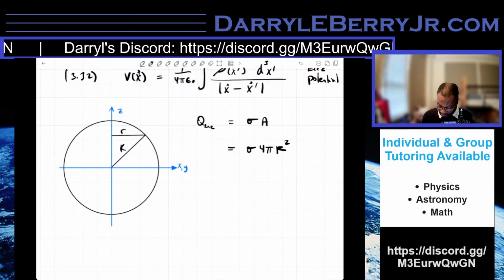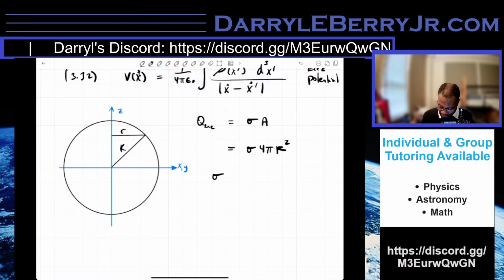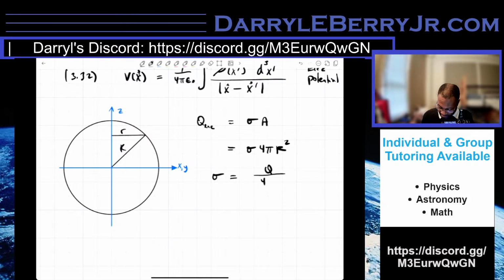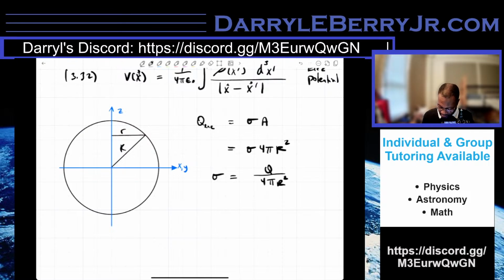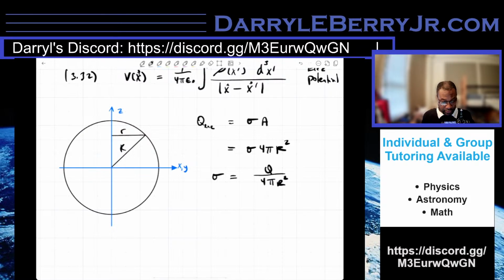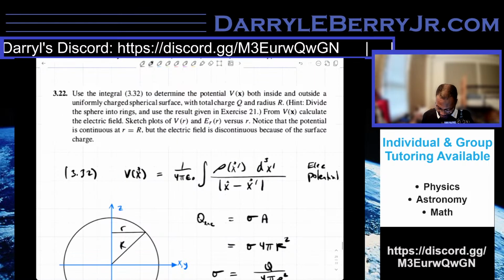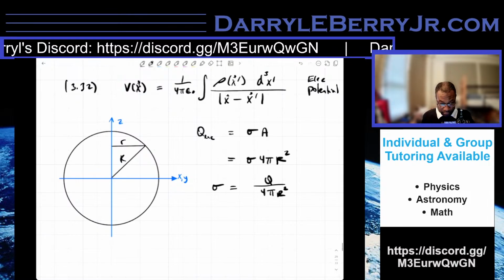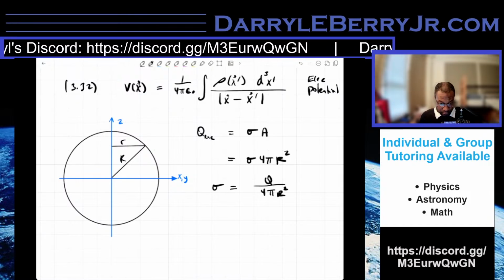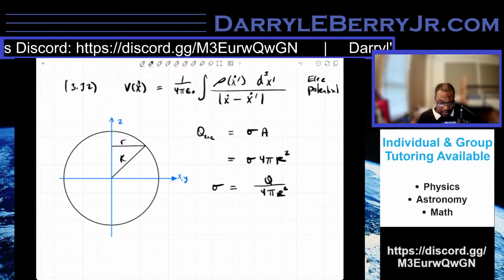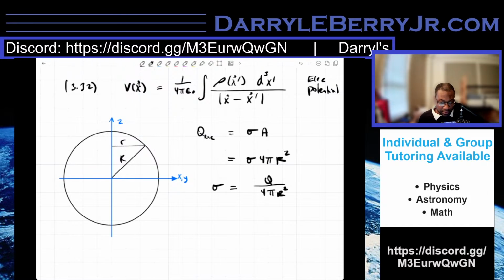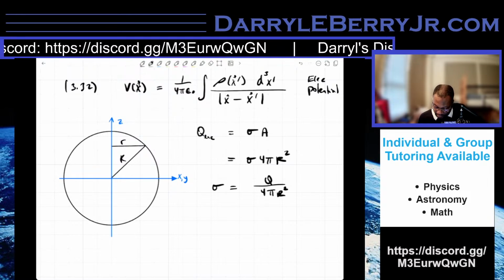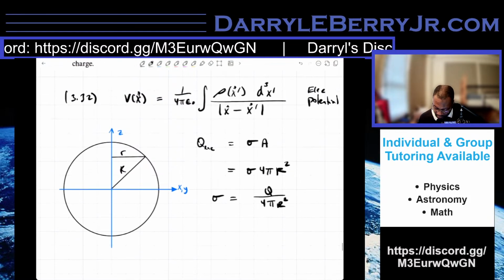And so then we can say that sigma equals Q enclosed divided by 4 pi r squared. So that's our charge density. Looks like we can actually plug this into this equation here.